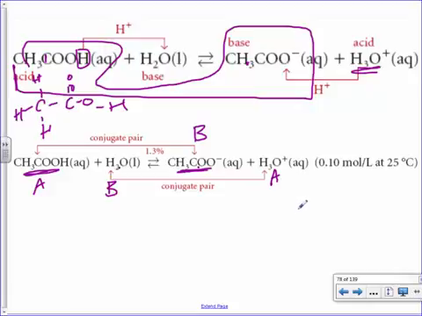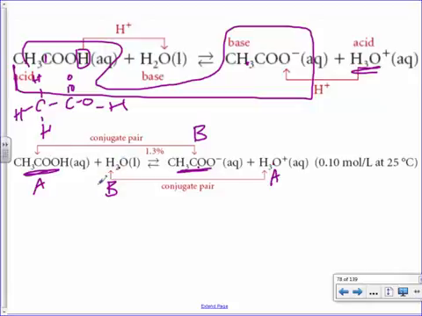Here's where equilibrium comes in. We have double-sided arrows. Because what ends up happening is this acid right here gives its proton to this base right here, and it turns into this stuff right here. But then it goes right back the other way. This acid right here gives its proton right back to this base right here, and it turns into this stuff.